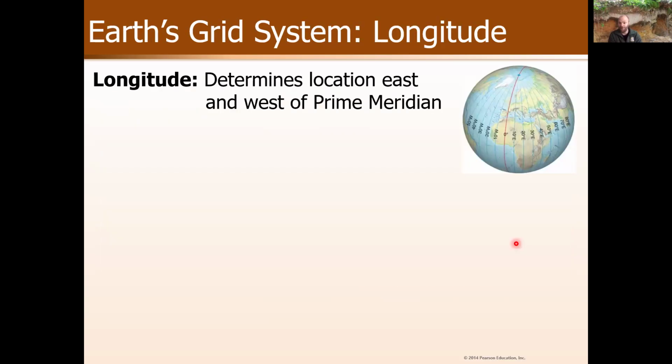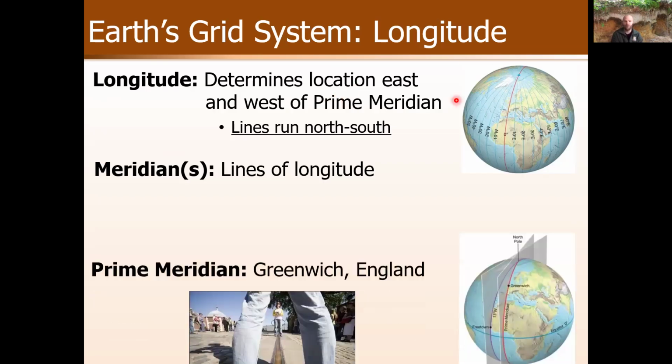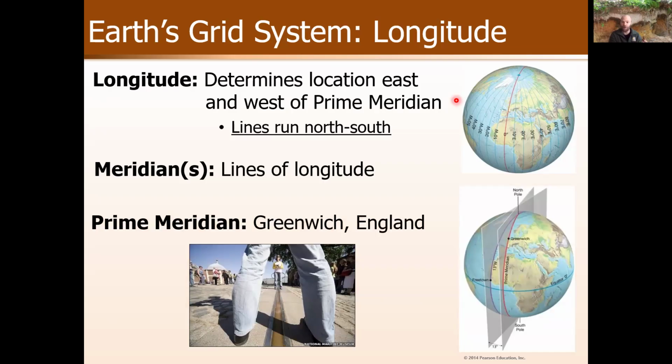And so lines of longitude are lines that run north and south, and we use them to determine our location east and west of the prime meridian. And so, as I said, they run north and south, and they're also known as meridians. So any line of longitude is a meridian, and the prime meridian, 0 degrees longitude, happens to pass right through Greenwich, England.